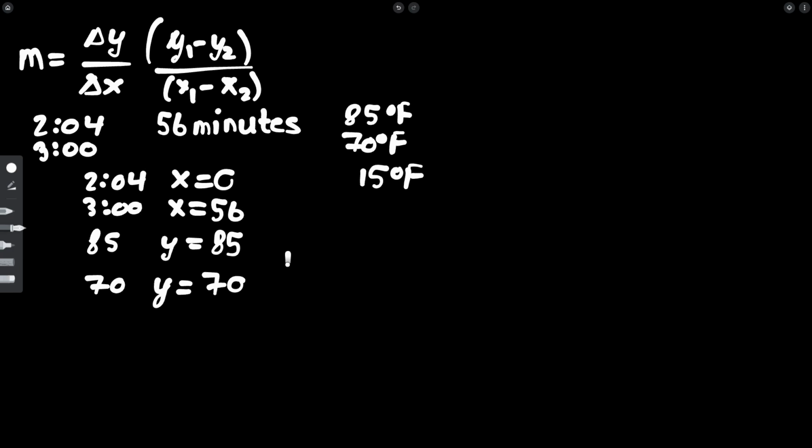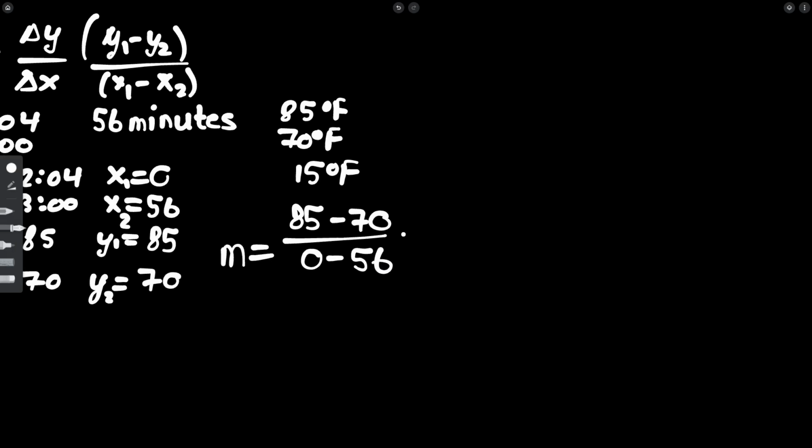So to solve this, we have y1, 85, minus y2, 70, over x1, which is 0, minus our x2, 56. That gives us 15 over negative 56.